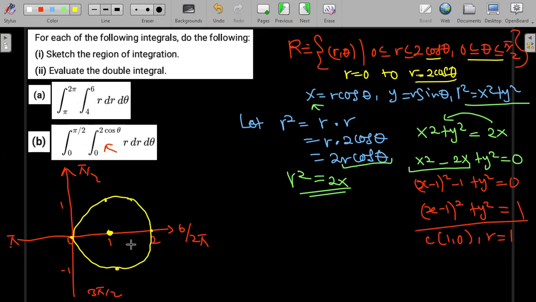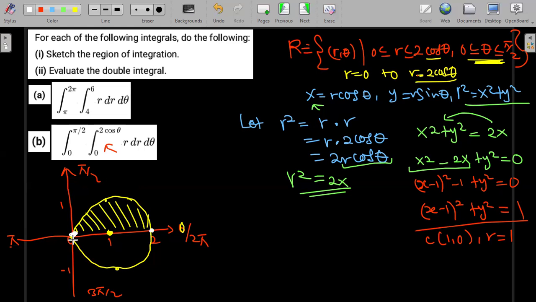But now we have to consider the limits for theta. Remember the theta here is from 0 to pi over 2. So this is my 0, then I'm going to pi over 2. So I'm only considering this part on top here. That's my region there, because that's my pi over 2, and here that's my 0.